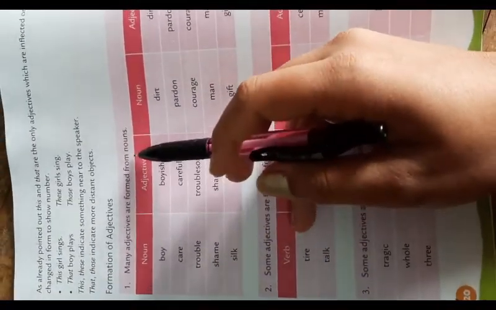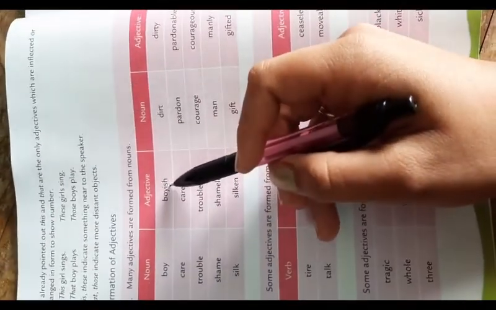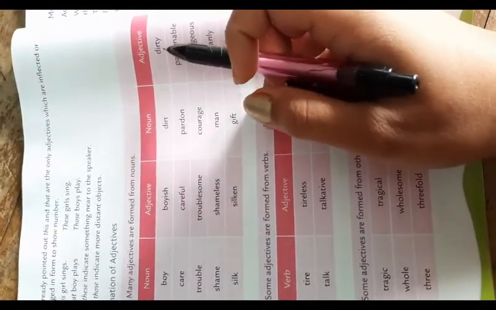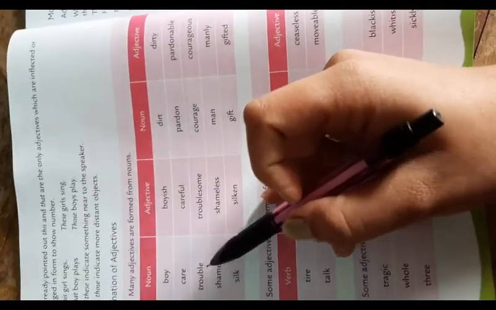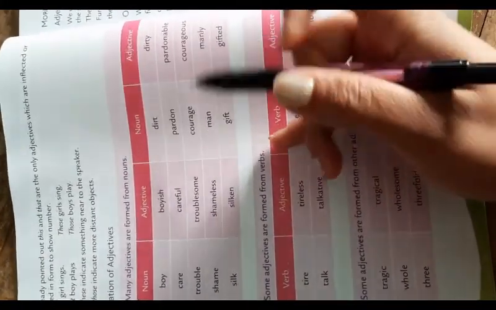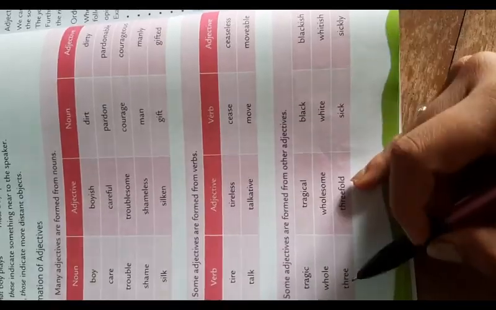Many adjectives are formed from nouns: boy, boyish; dirt, dirty; care, careful; pardon, pardonable; trouble, troublesome; courage, courageous; shame, shameless; man, manly; silk, silken; gift, gifted. Some adjectives are formed from verbs: tire, tireless; cease, ceaseless; talk, talkative; move, movable. Some adjectives are formed from other adjectives: tragic, tragical; black, blackish; whole, wholesome; white, whitish; three, threefold.